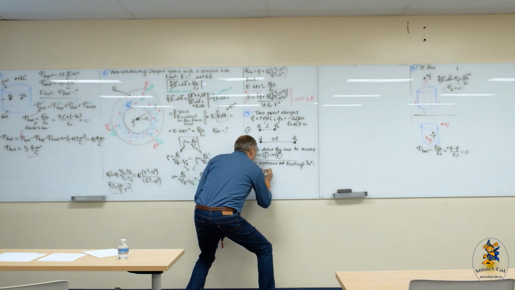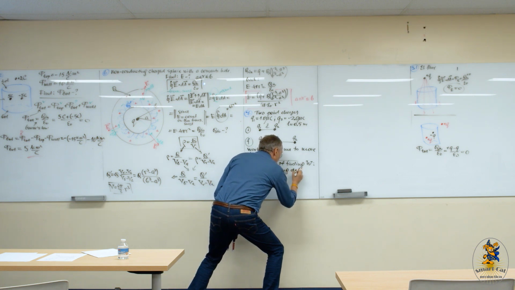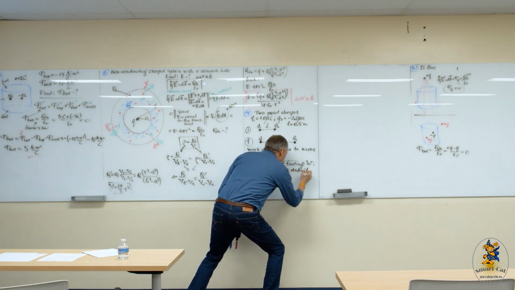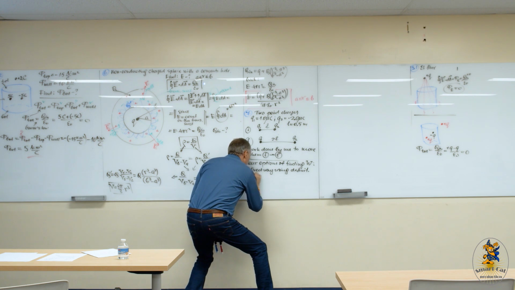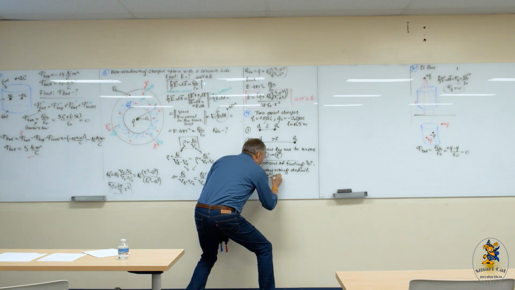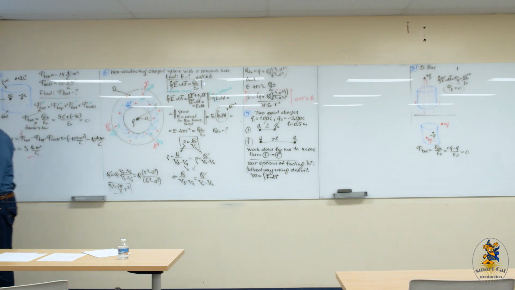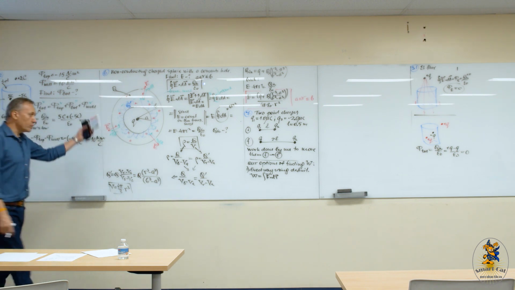Direct way using definition, which is work equals the integral from the initial to the final of F dot dr. And you know what? It's doable. It's just Coulomb's law.